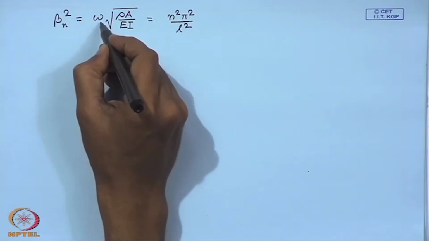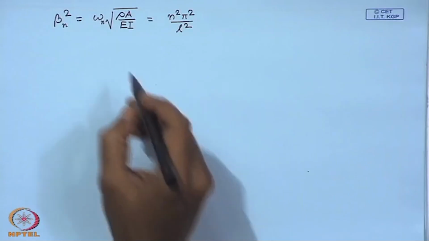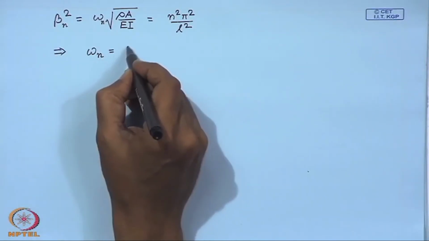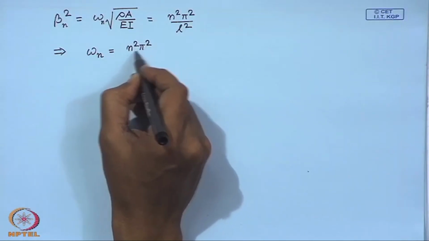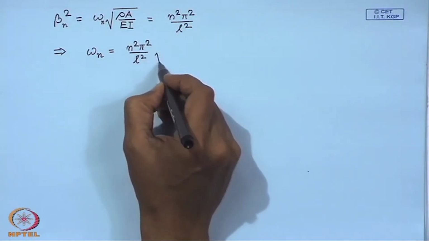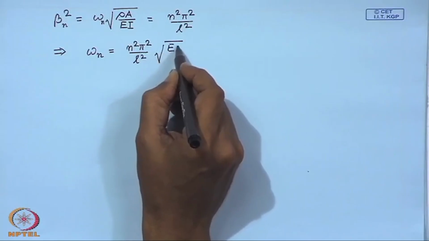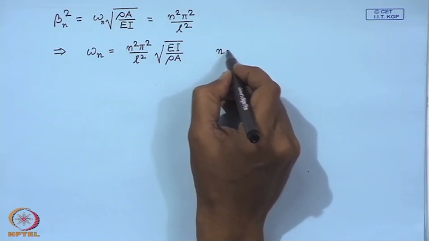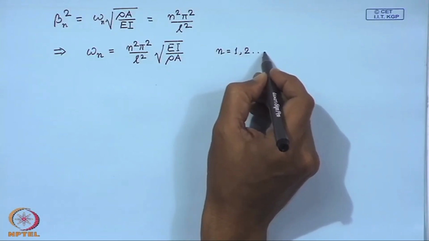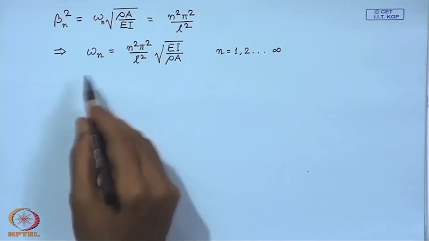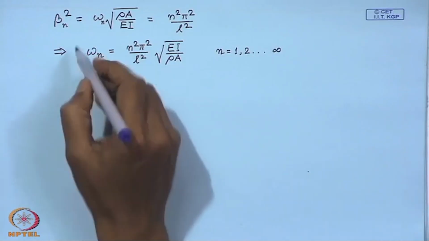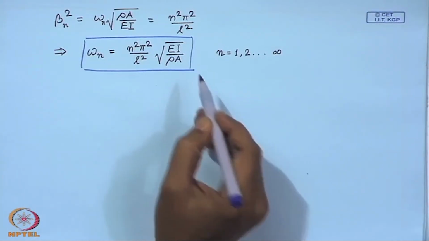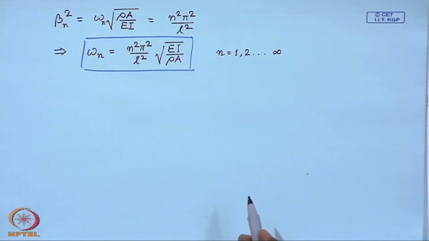So, this is indexed. So, omega n must also now get indexed. So, we have now the circular natural frequencies of a simply supported Euler-Bernoulli beam.